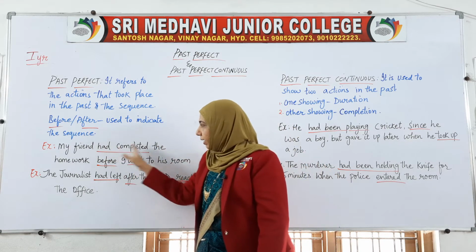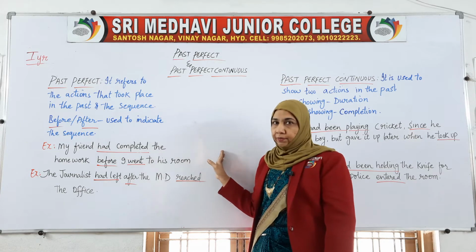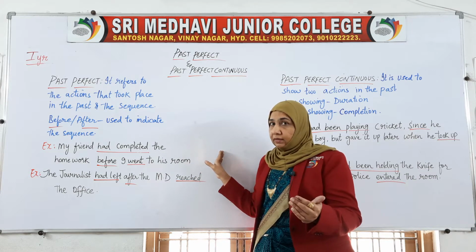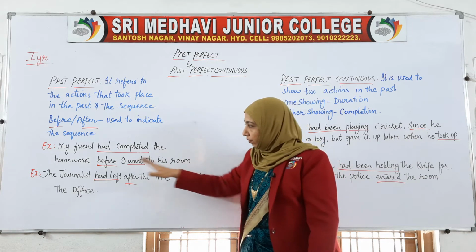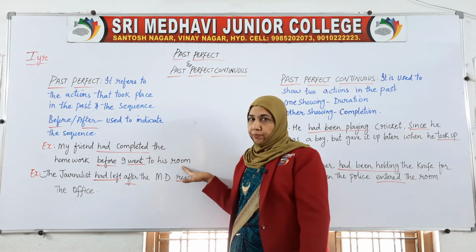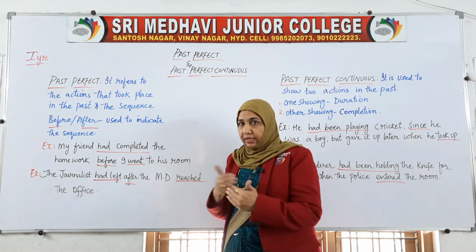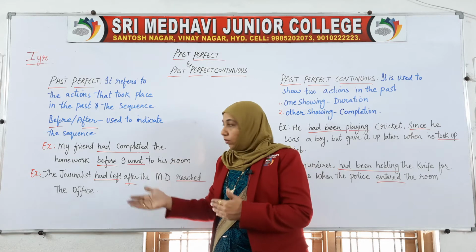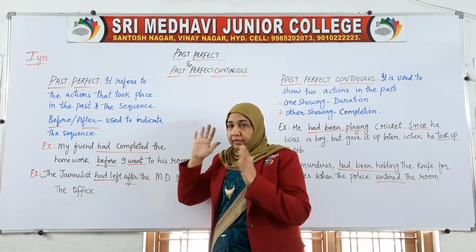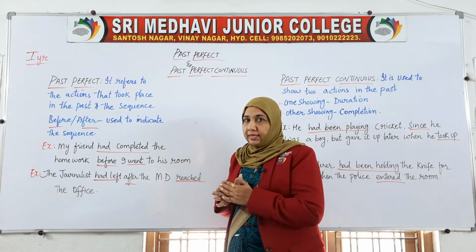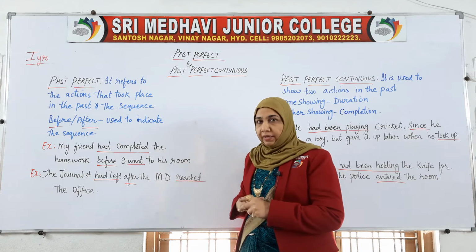My friend had completed the homework. What had my friend done? Completed the homework before I went to his room. Before I went is the past tense. We are adding before here, and that makes it very easy to understand this is the past perfect tense.